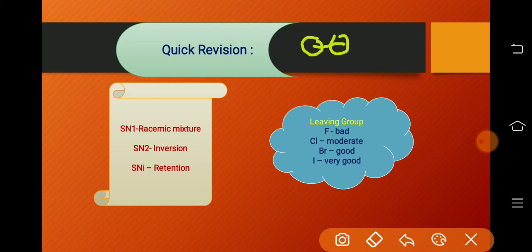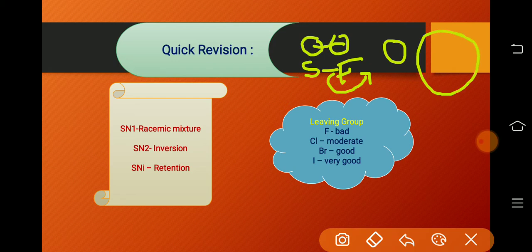Therefore, the binding between substrate and fluoride is strong, so it cannot leave the substrate easily, whereas iodine is less electronegative and large in size, and the binding between substrate and iodine is weak. Therefore, it can easily leave the substrate. Therefore, it is a very good leaving group.